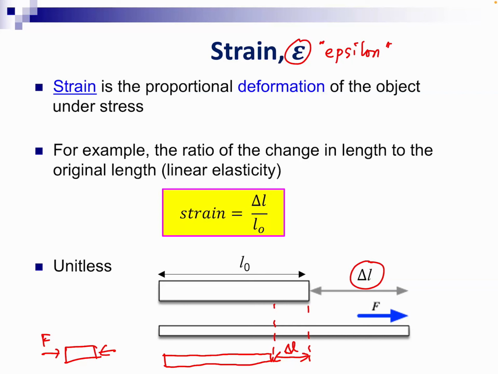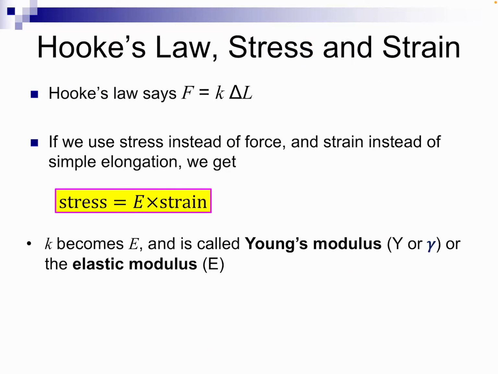All right, so let's relate stress and strain via Hooke's law. Hooke's law says that the elongation is directly proportional to the force that you apply. We learned that stress is related to the force, stress being force over area, whereas strain is related to the corresponding deformation, delta L over L0.